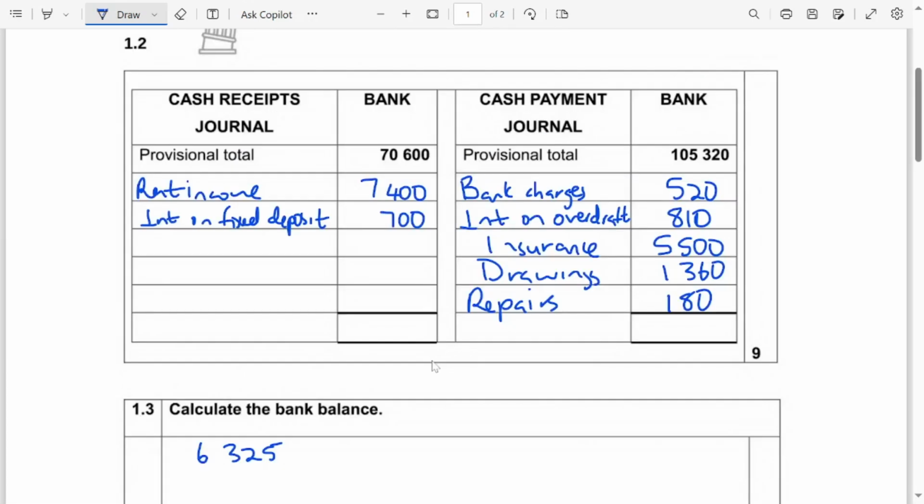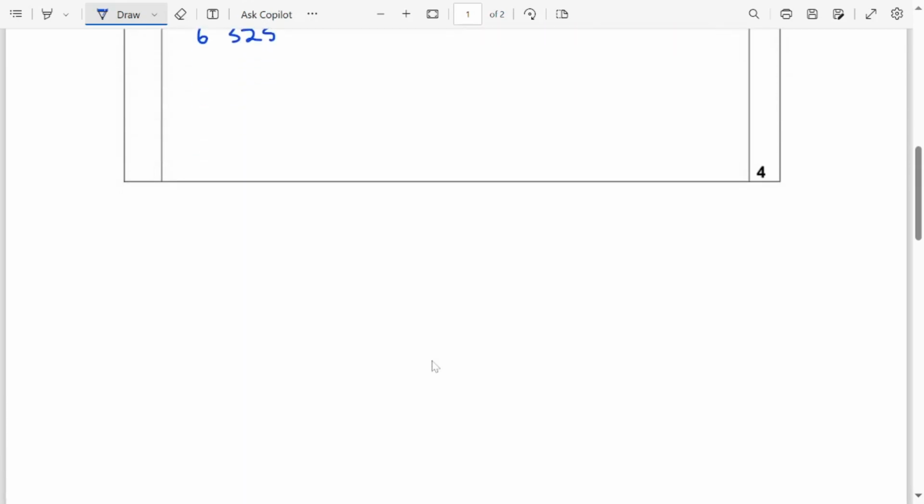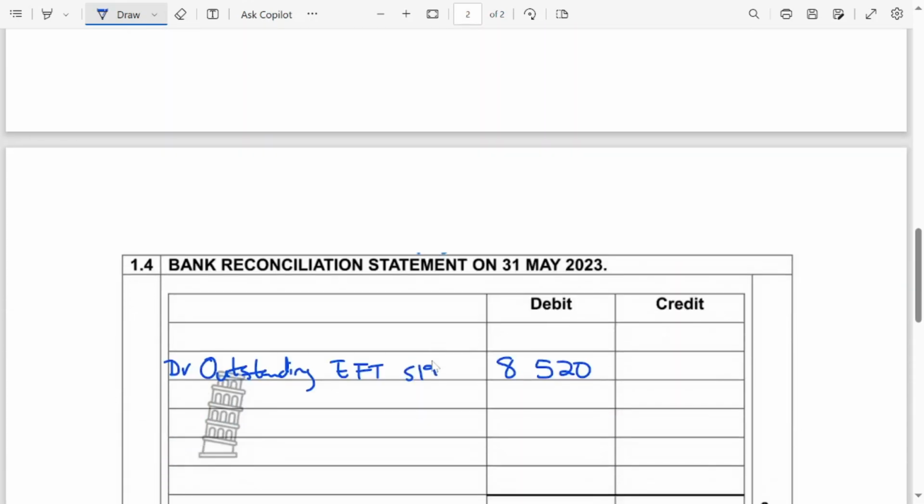If a deposit did not appear on the bank statement, we must record it in the bank reconciliation statement. 20,295. Outstanding deposit. So the outstanding deposit must be credited. 20,295.